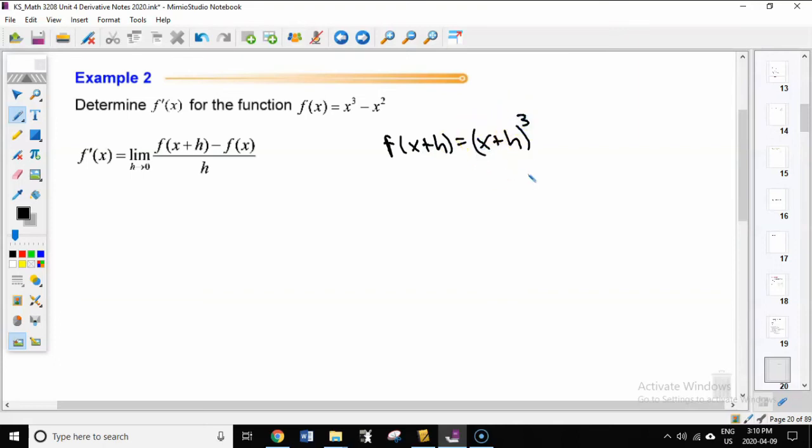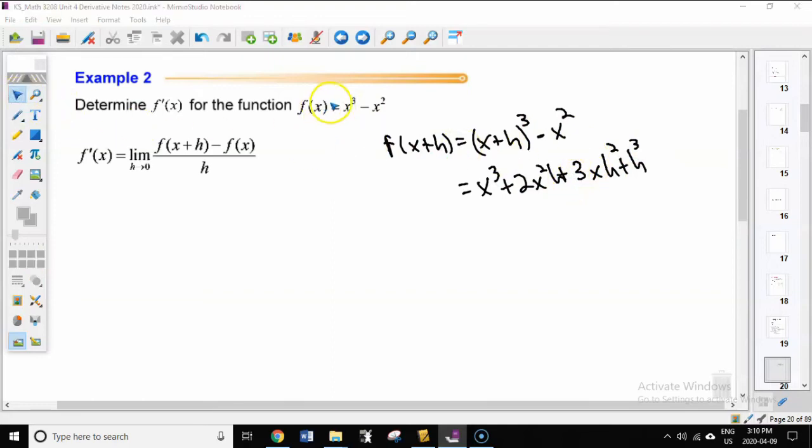And when you cube that out, you will get x cubed plus 3x squared h plus 3x h squared plus h cubed.